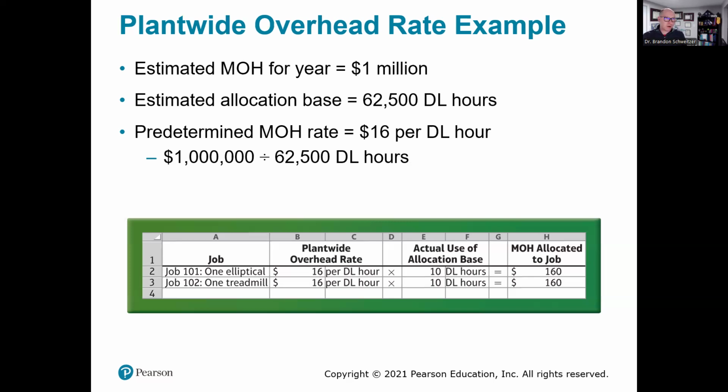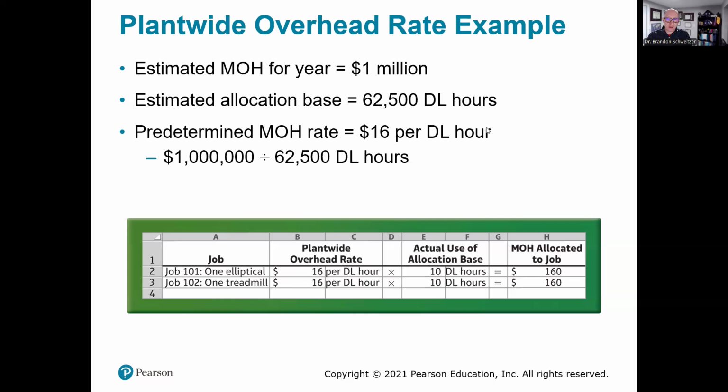So in this example, we have the $16 per direct labor hour. That would be the result, right? We got the 16 from 1 million divided by 62,500.